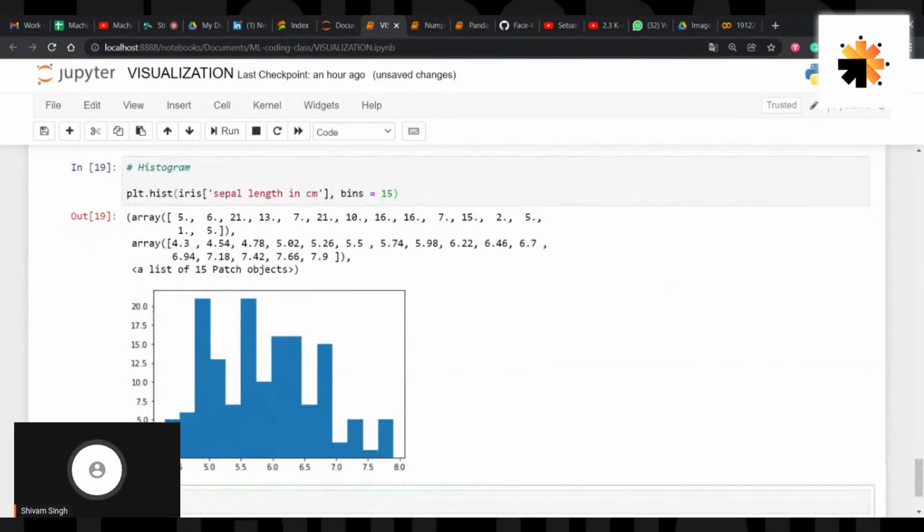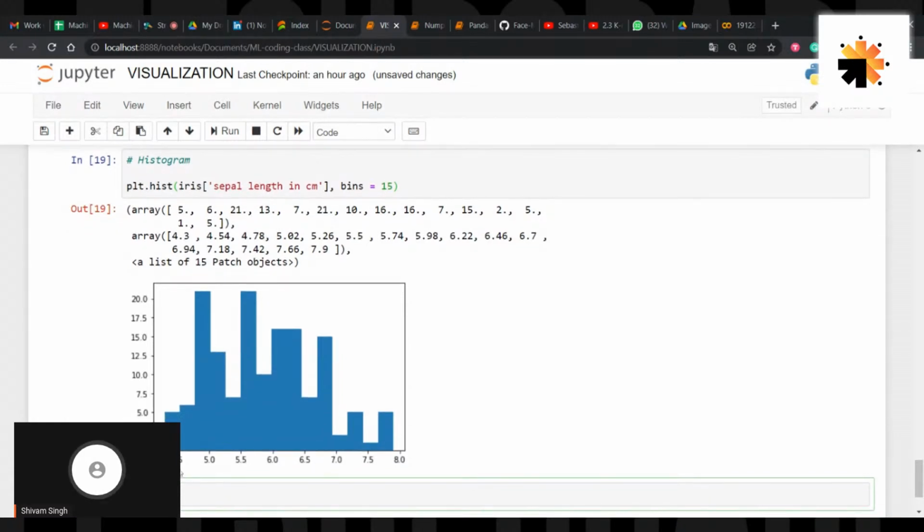Now what kind of information is this particular graph giving you? On the x-axis I'm having sepal length, which starts from maybe 4 and goes till 7.8.